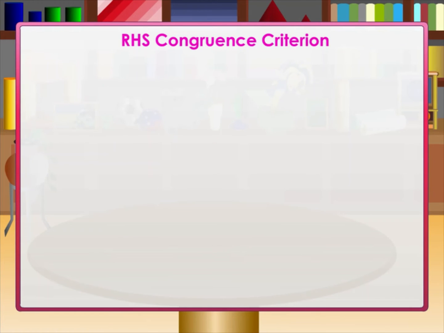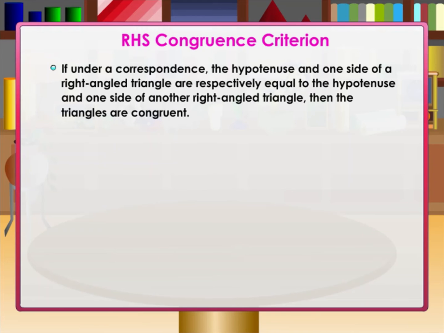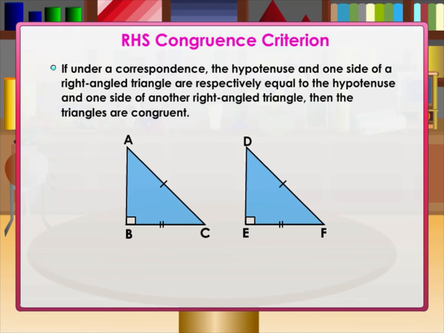RHS Congruence Criterion. If under a correspondence, the hypotenuse and one side of a right-angled triangle are respectively equal to the hypotenuse and one side of another right-angled triangle, then the triangles are congruent. Observe the two triangles ABC and DEF. The side BC is equal to side EF.